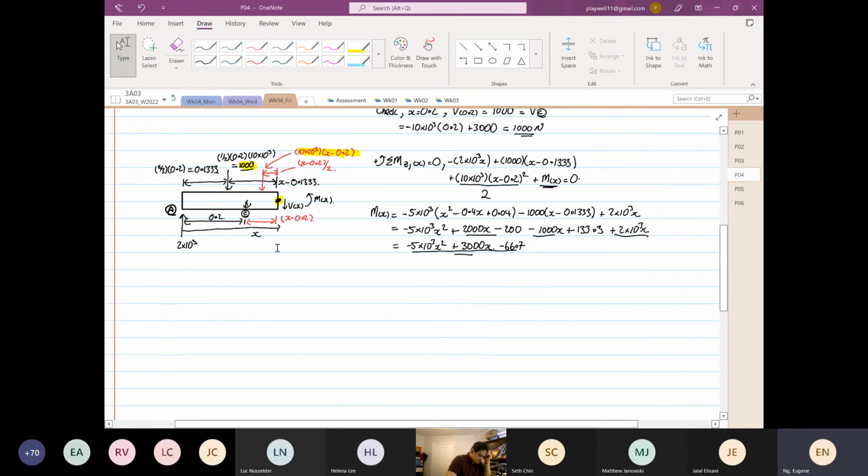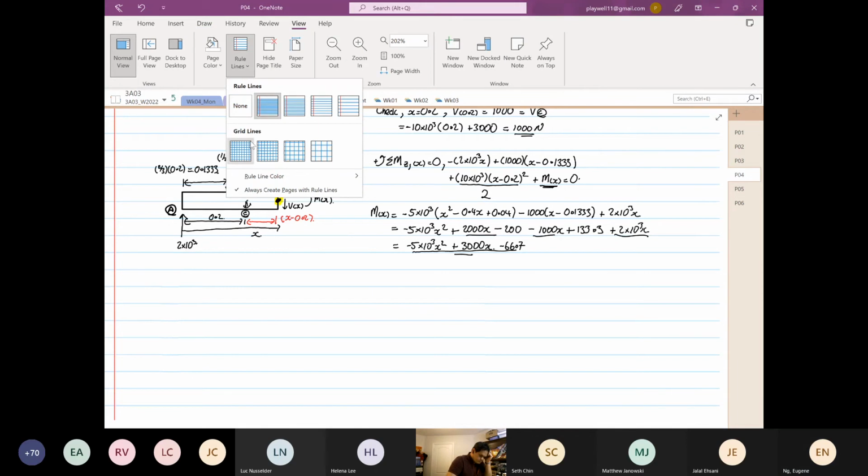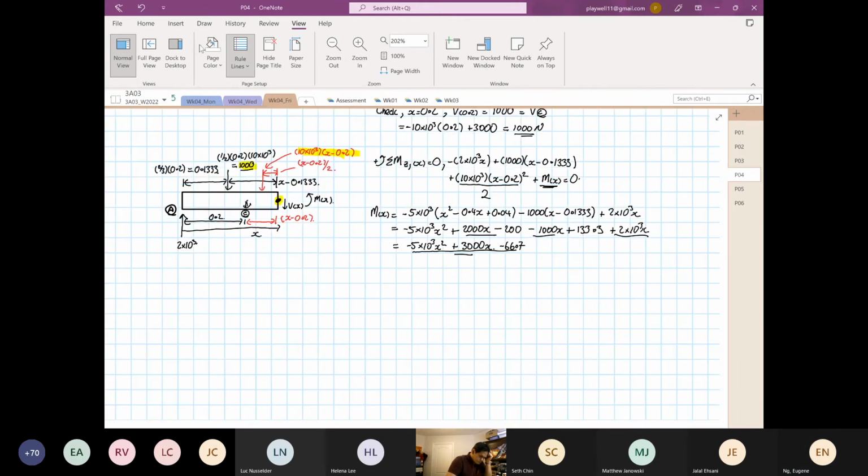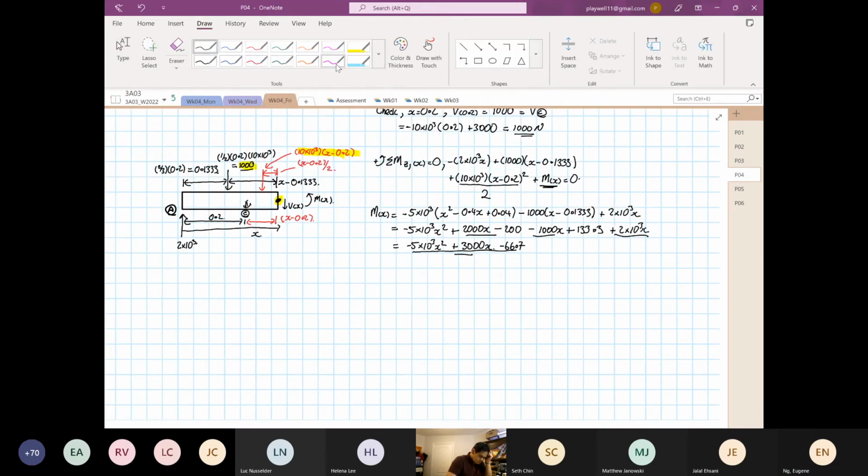Okay, I'm going to sketch it. So now we're going to sketch. Okay, so this is our shear force diagram.